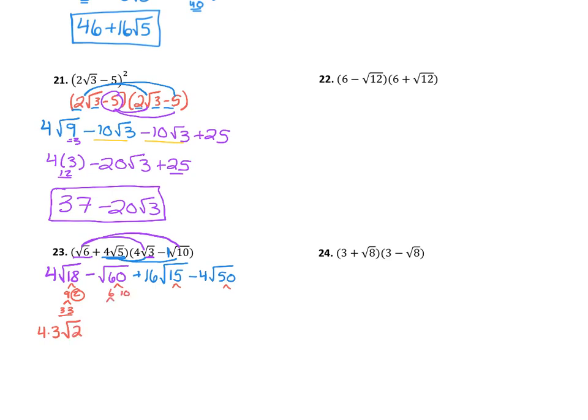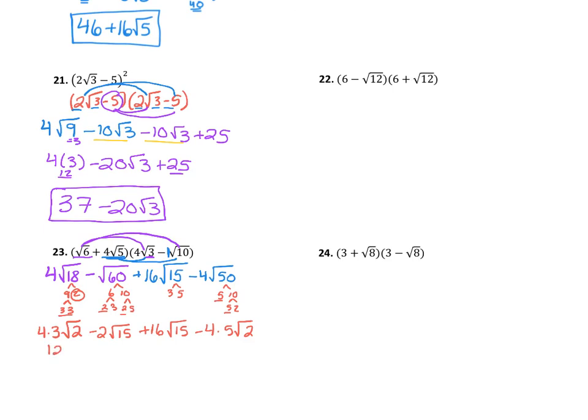When I break down the 60, I got a pair of 2's, so I'm going to have a negative 2 on the outside, 15 on the inside. Now, square root of 15 doesn't break down, so this is just going to stay as 16 square root 15. And then this last one, I have negative 4 times 5 square root of 2.